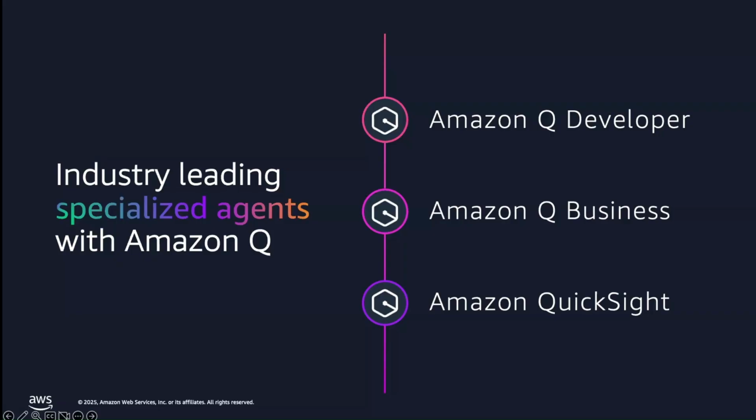And there's also Amazon QuickSight. Q integrates with QuickSight as well. QuickSight is a service that helps you create dashboards and visualize the data once you ingest it. Q provides a natural language form of doing that.